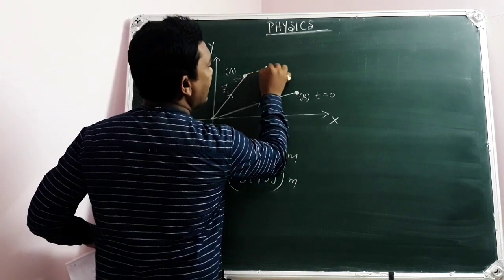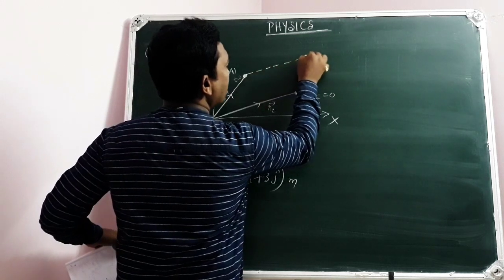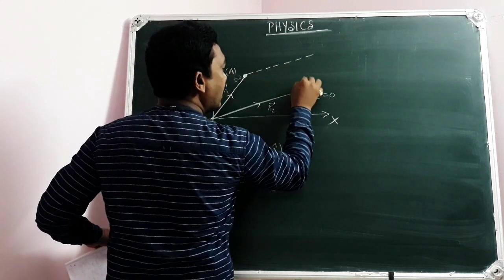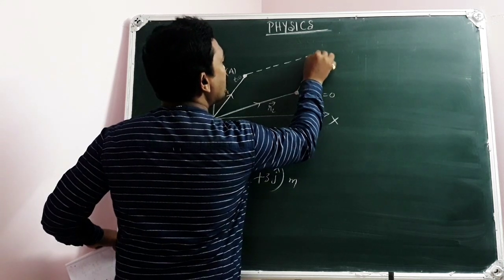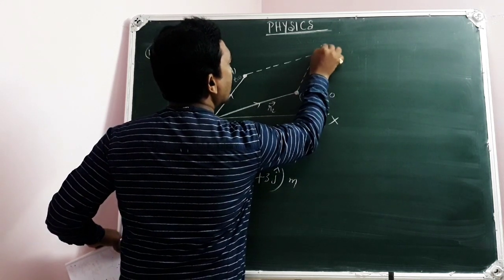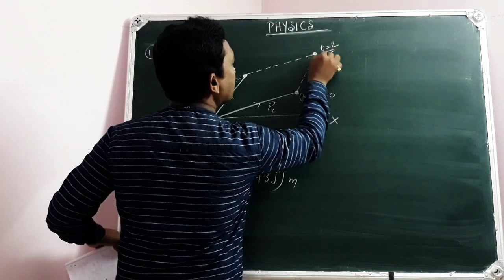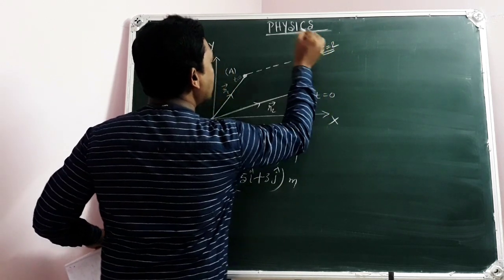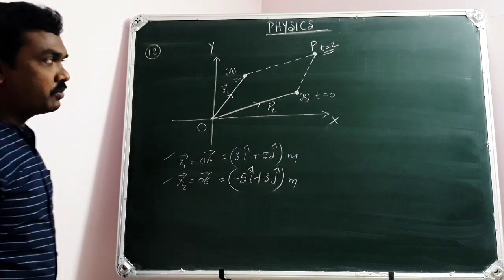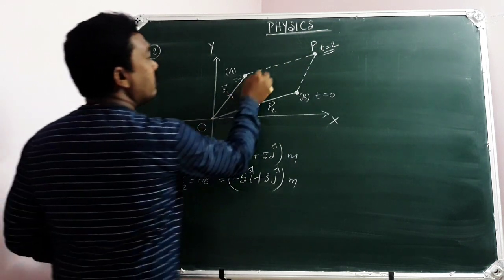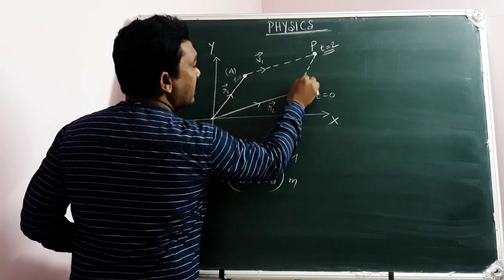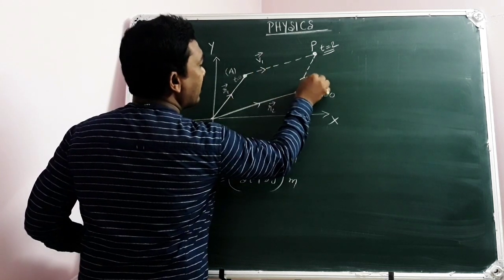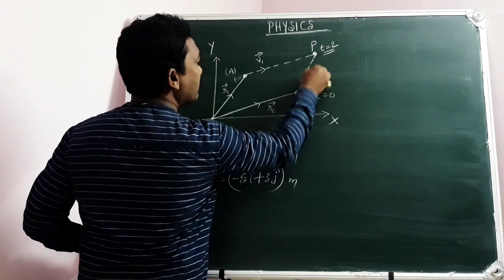One is moving with a velocity vector v1 bar, another one is moving with a velocity vector v2 bar, so that they meet, they collide at 2 seconds. After some time, at 2 seconds, they are going to collide. Let us suppose they collide at the point P, where the first particle is moving with velocity vector v1 bar, and the second particle is moving with velocity vector v2 bar.